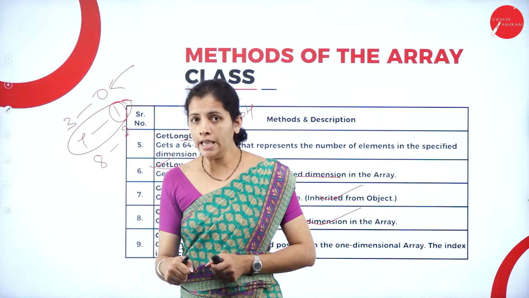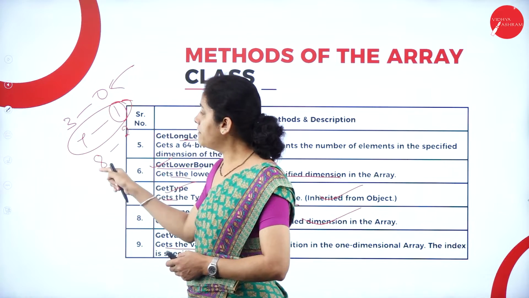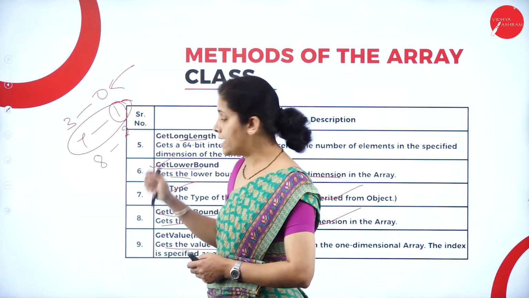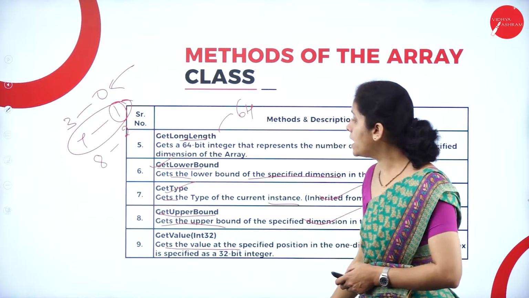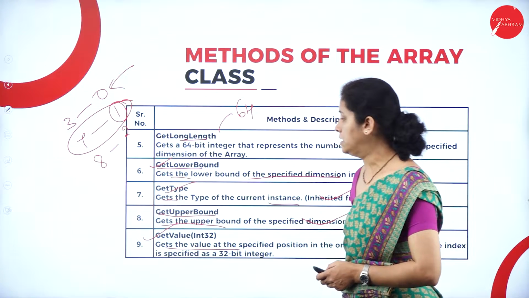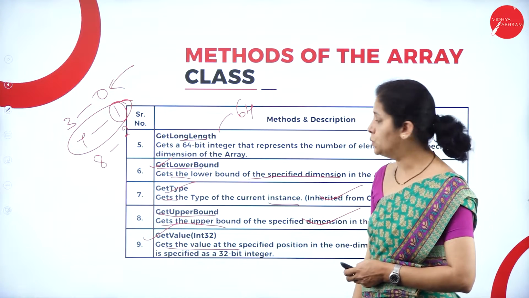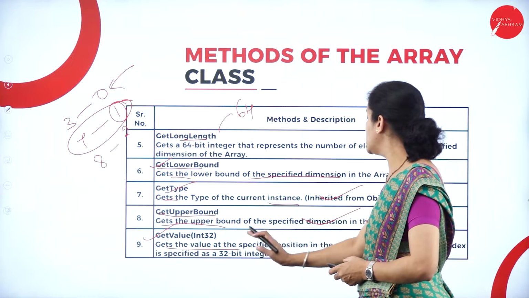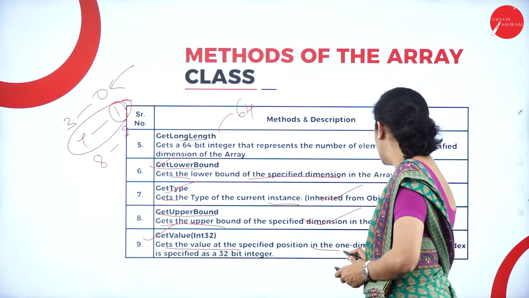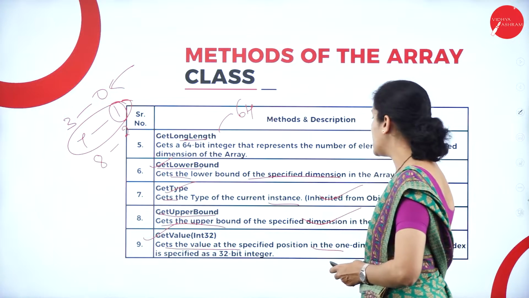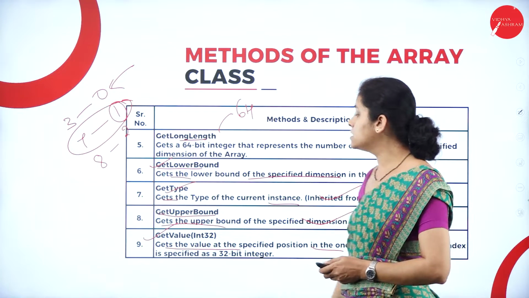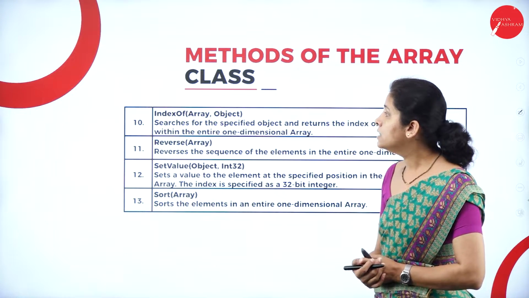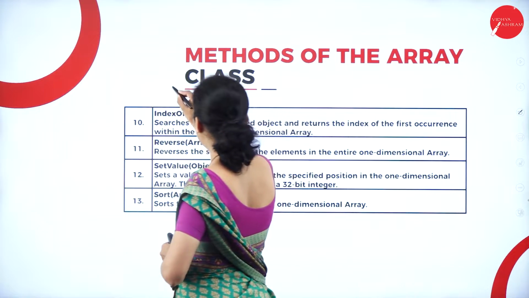Now, to get the element 7 which is present at location 1, what do I require? I require this method, that is GetValue. It returns the specified value at the position in the one-dimensional array, and the index is specified as a 32-bit integer.